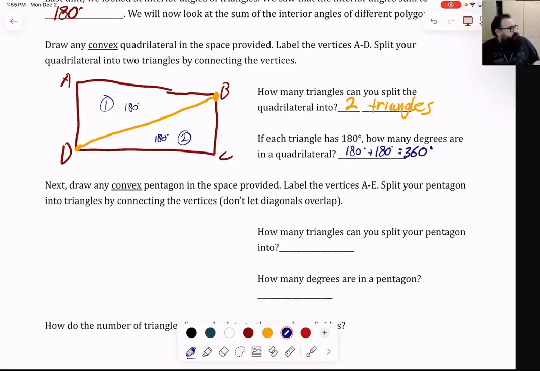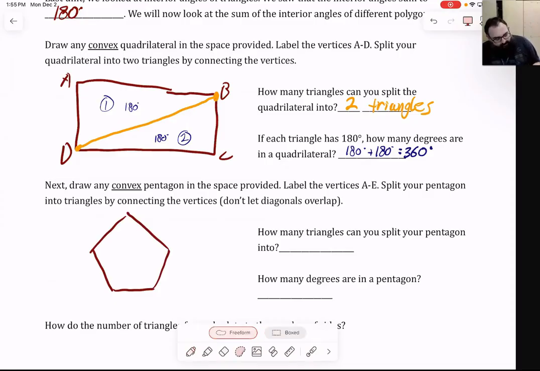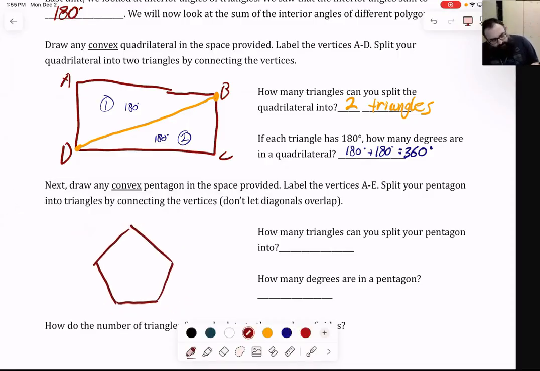Next, draw any convex pentagon. Pentagon, so it just means 5 sides, right? So let's do that. 1, 2, 3, 4, 5. And label it A to E. A, B, C, D, E. And now split it into triangles by connecting the vertices.